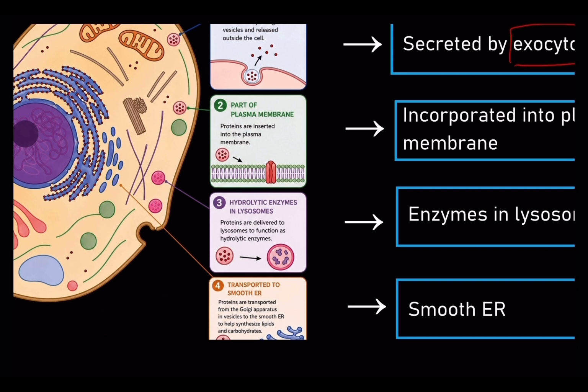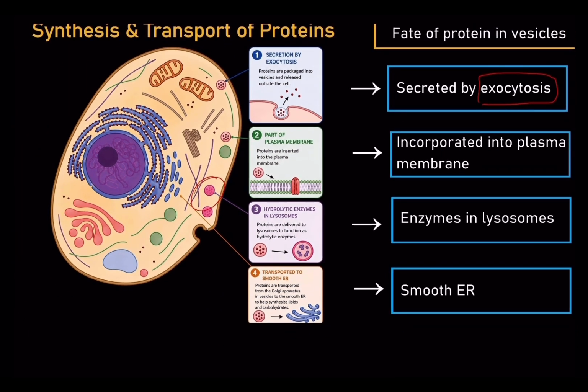So proteins can be delivered to the lysosomes and function as hydrolytic enzymes. Hydrolysis is a process in which a large molecule is broken down to simpler molecules. Another function these proteins can take up is that they can be transported to the smooth endoplasmic reticulum.